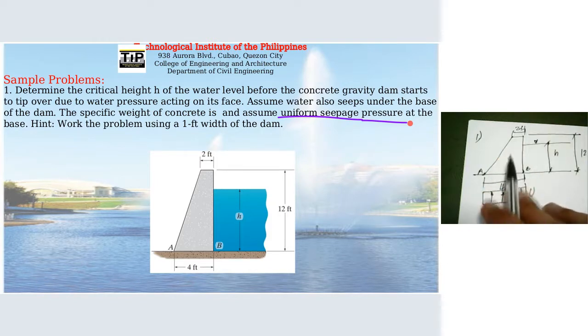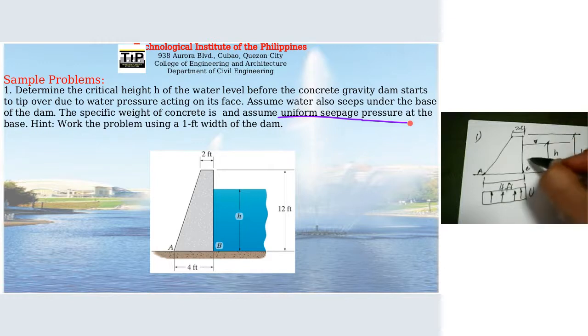Now, what are the forces involved? Well, first of all, we have the uniform seepage pressure. That's number 1. Number two, since we have water on the upstream side, it will have a hydrostatic force. Okay, so let's write F sub H here. That's the magnitude of the hydrostatic force.